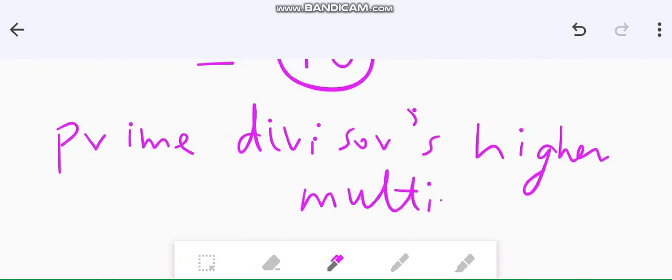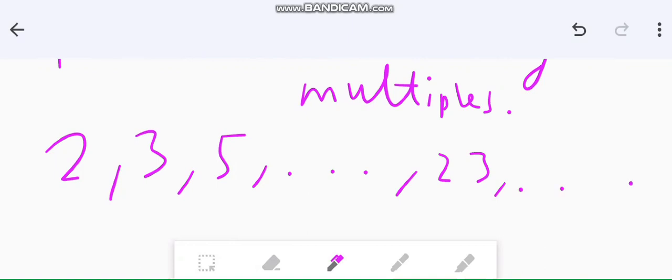All the higher multiples of the prime divisors we have eliminated, so what remains are only the primes starting from 2 till dot dot dot, suppose 23 dot dot dot 89 and 97, I guess this is the last prime.